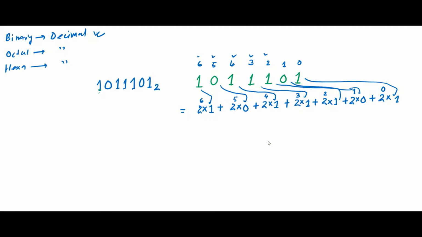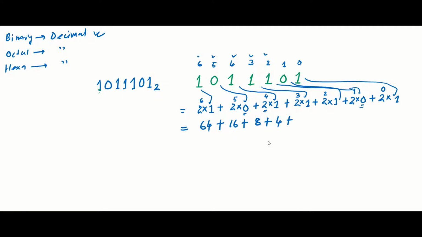That solves the problem. 2 to the power 6 is 64. Next, multiplying with 0, there is no point doing that. 2 to the power 4 is 16, plus 2 to the power 3 is 8, plus 2 to the power 2 becomes 4.